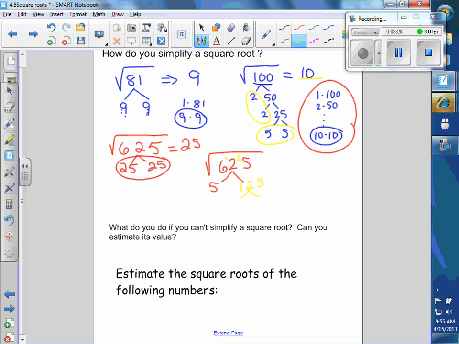And then you continue your factor tree. Doesn't 5 go into 125? How many times? 25, right? And doesn't 25 break down? 5 and 5. So here's a pair, and here's a pair. What is 5 times 5? 25.